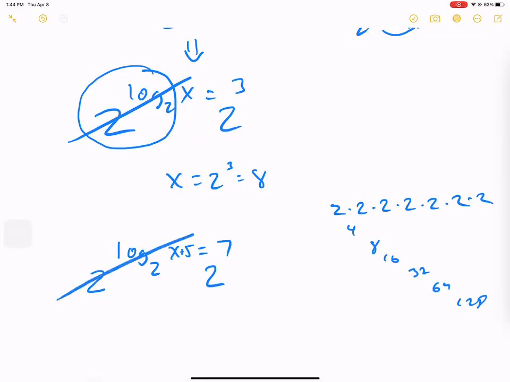So the logs cancel out. x plus 5 is equal to 128. Minus 5, minus 5. x is equal to 123. The idea here is if I'm trying to get rid of a log, we use exponents. If I want to get rid of exponents, we use logs. They're inverses of each other.